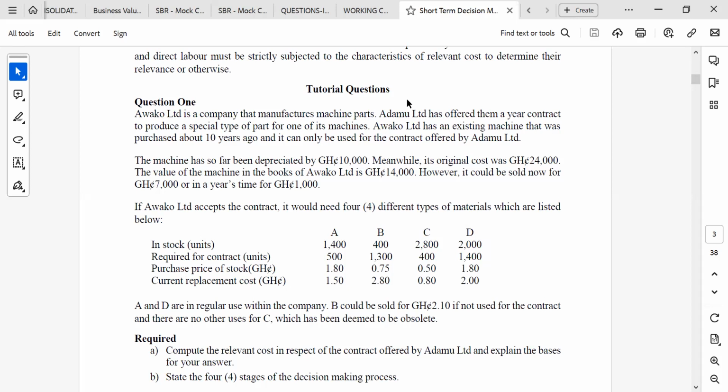Okay. So material A and D are in regular use, isn't it? Yes. Okay. How many do we have in stock? We have 1,400 for A. Okay. Then 2,000. How many is needed for the contract A?